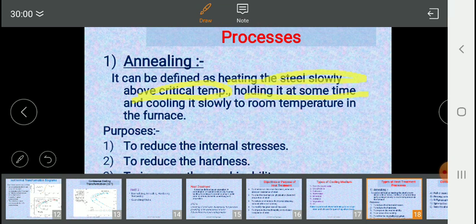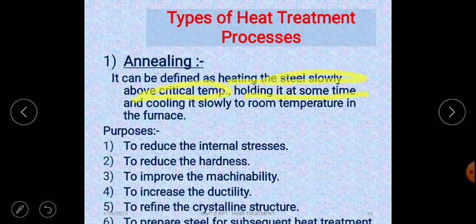So what is the purpose of this heat treatment? Annealing reduces the internal stresses, it reduces the hardness, it improves the machinability, it increases the ductility, it refines the crystalline structure and prepares the steel for other heat treatment processes.